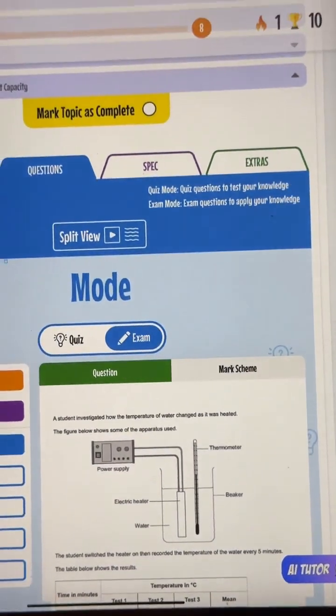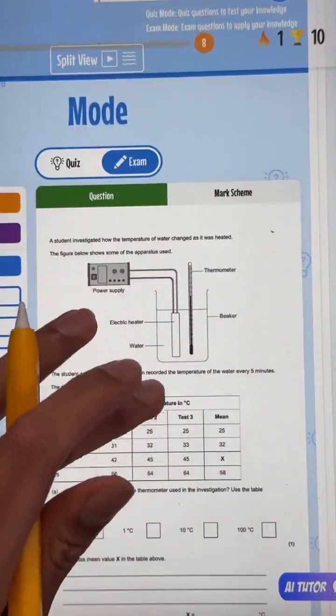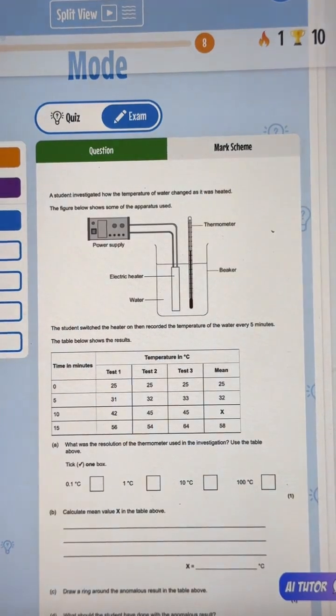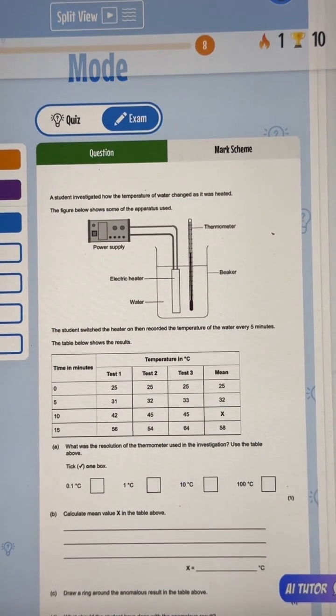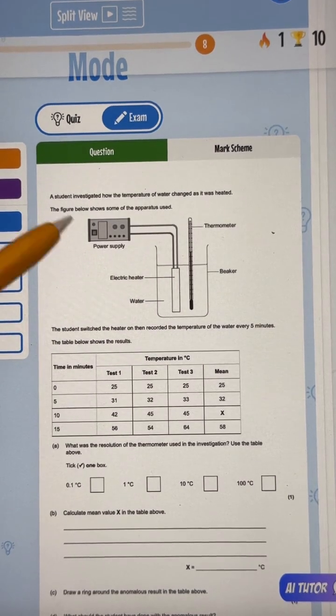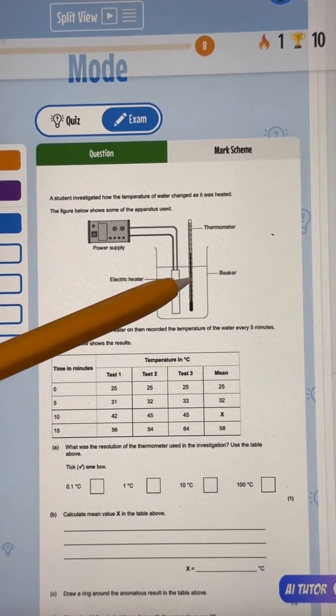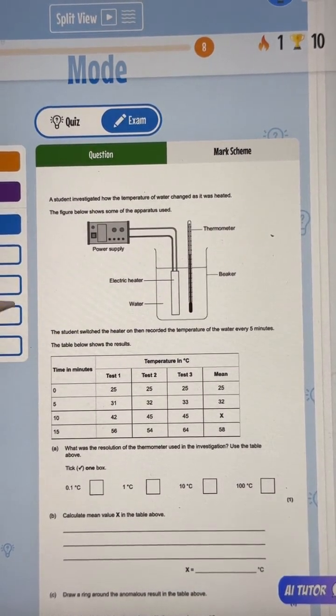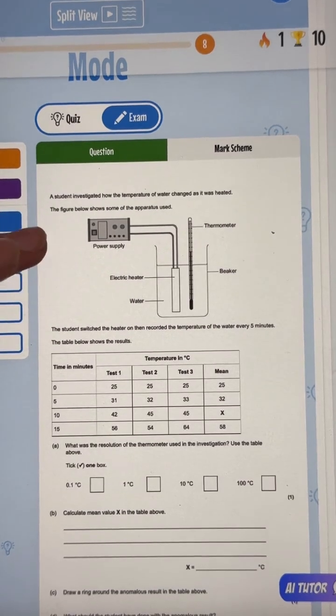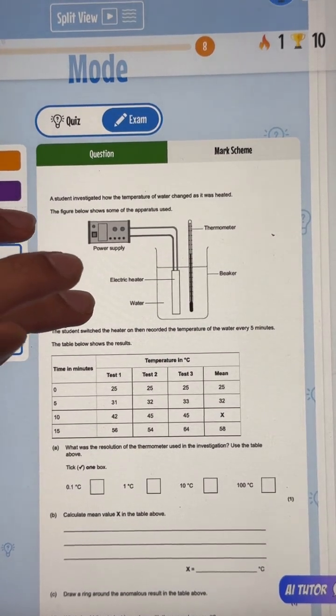So if I zoom up a bit. A student investigated how the temperature of water changed as it was heated. The figure below shows some of the apparatus used. So you can see a power supply, thermometer, and an electric heater submerged in water in a beaker. The student switched the heater on and then recorded the temperature of the water every 5 minutes.